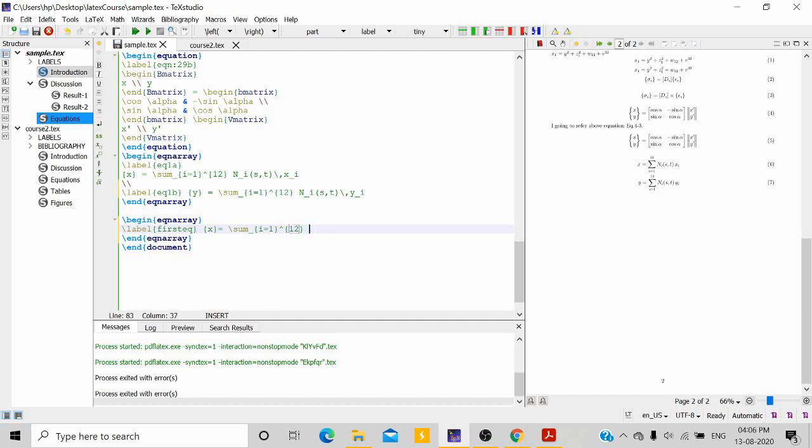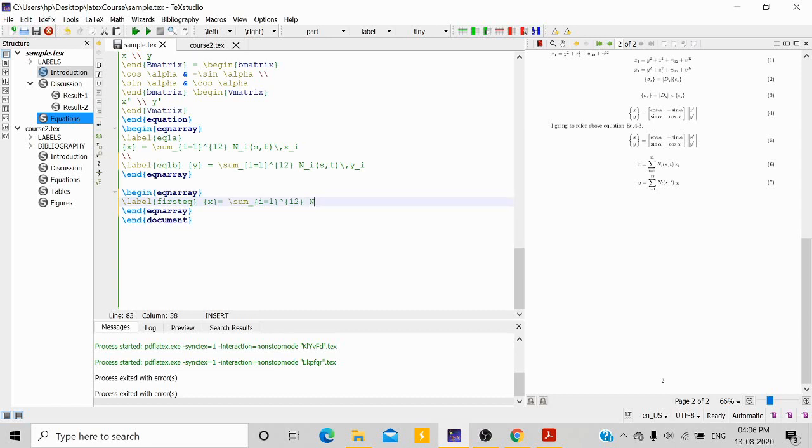This into n sub i of st. So n underscore n sub underscore ni, then of st, then y xi.